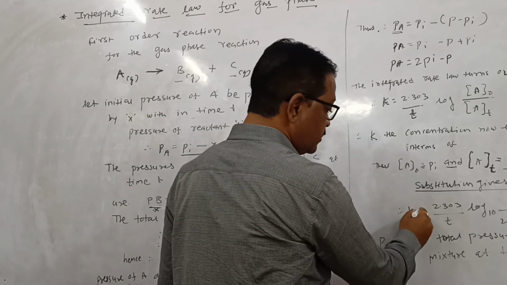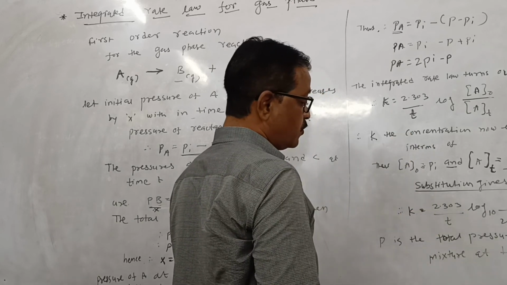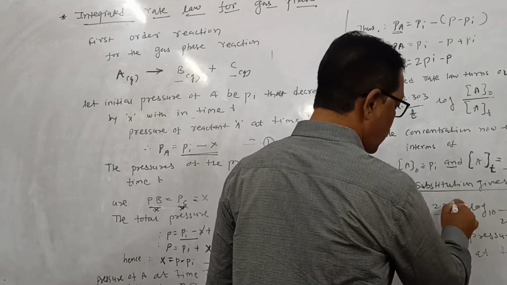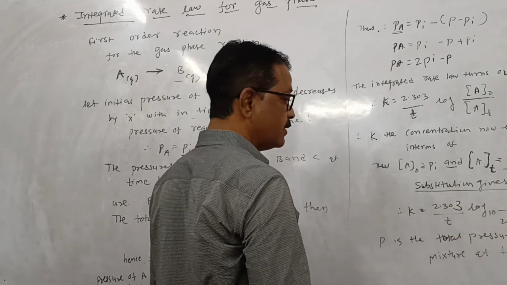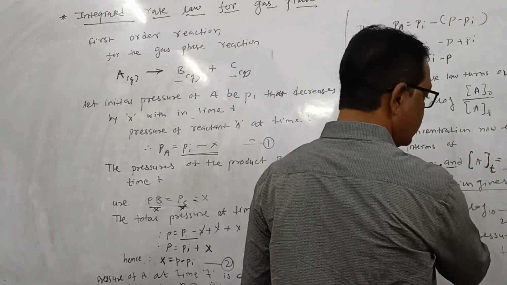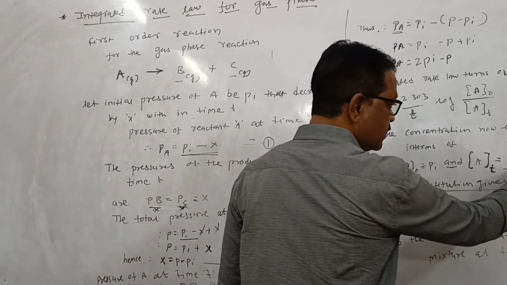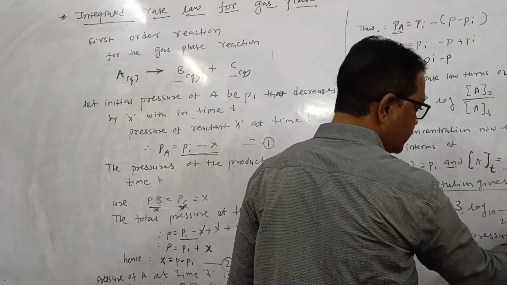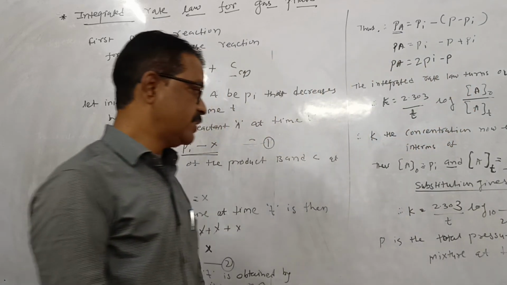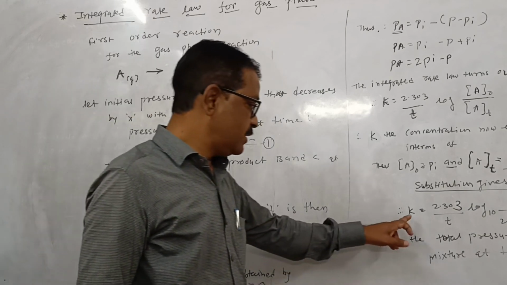Substitution gives in the above, therefore, k is equal to 2.303 upon t log 10 Pi upon 2Pi minus P. This is equation number 3.